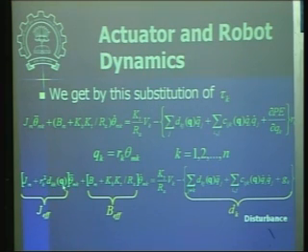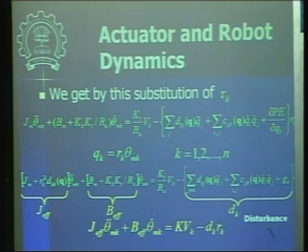As your robot is evolving, this inertia term is changing. But we can assume it to be some constant inertia term, for some averaged value of the inertia over whatever range your robot is operating. So finally we get this equation governing the actuator and robot dynamics, both combined together.